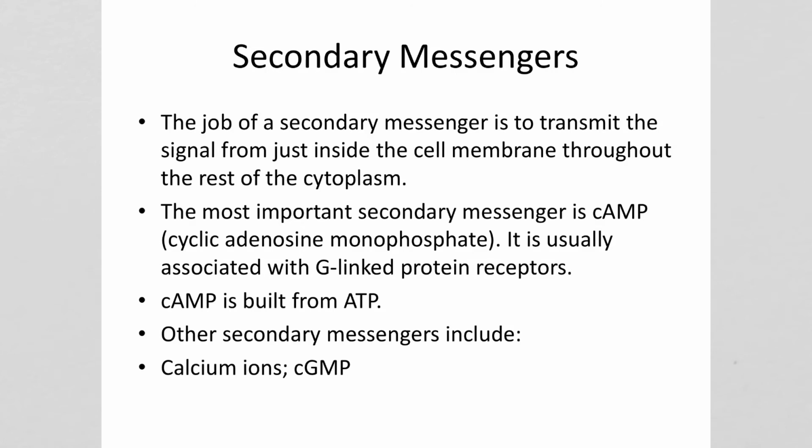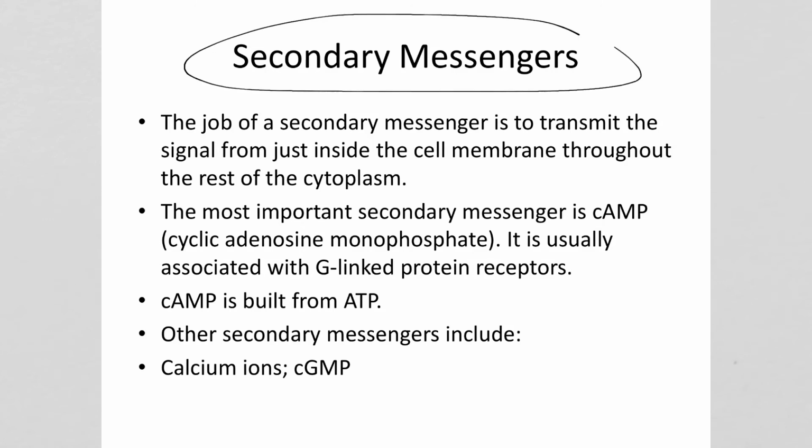Another thing involved in the process of cell signaling are chemicals called secondary messengers, or second messengers. Their job is to transmit the message, the signal, from just inside the membrane throughout the rest of the cytoplasm. The secondary messenger that you're going to hear the most about is a chemical called cyclic AMP, or cAMP.